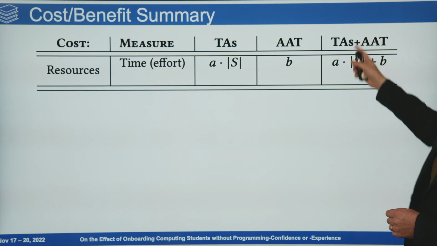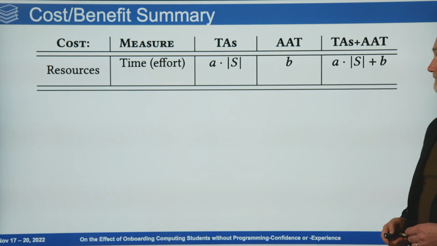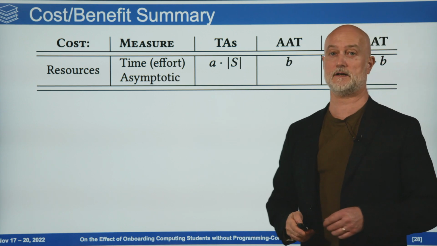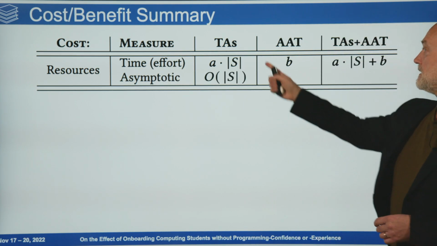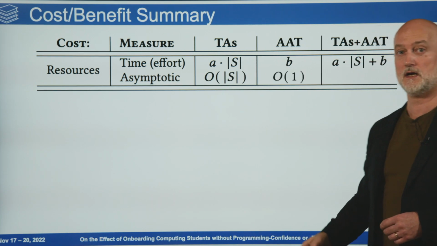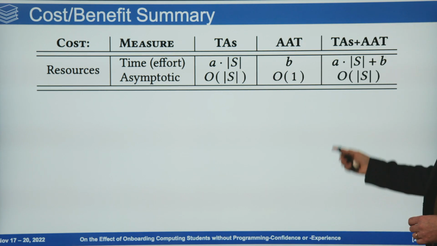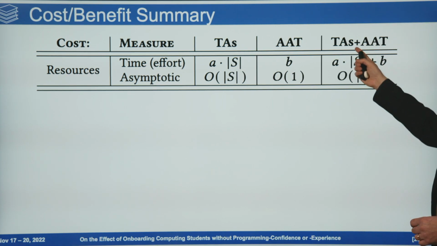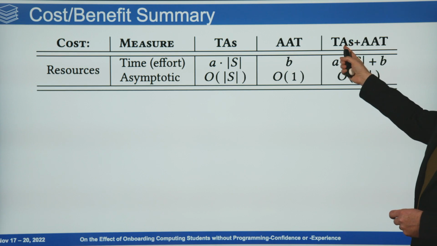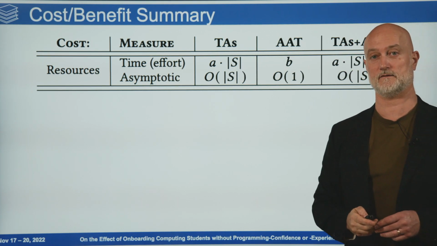For both conditions, it is the sum of these two. Asymptotically, the cost for the TA condition is linear in the number of students, the cost under automation is constant, and the combined cost for manual and automated assessment is linear in the number of students.